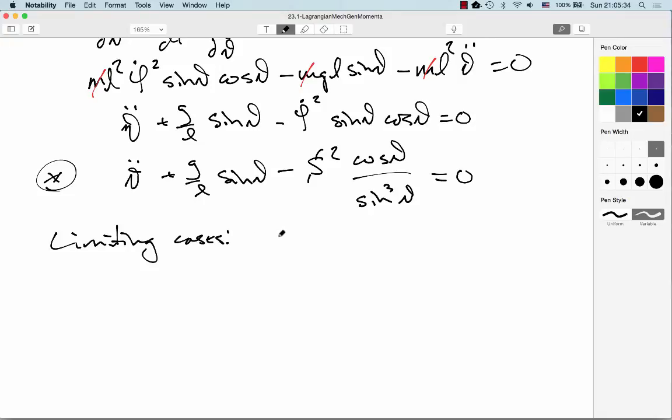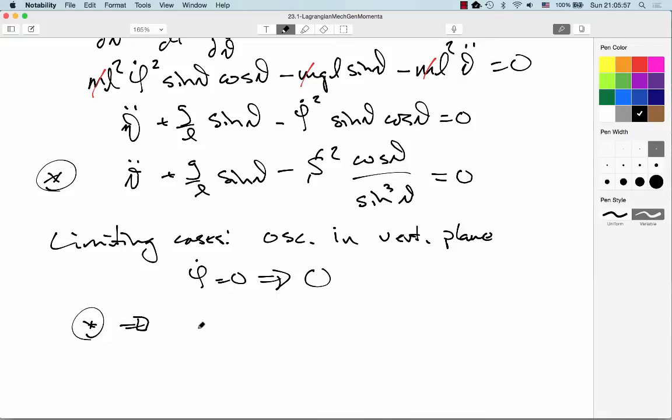First one would be if we can find our oscillation to be in the vertical plane. If we do that, for that limiting case, phi dot would be 0, which implies that the spin is 0. So then star will become theta double dot plus g over L sine theta equals 0.